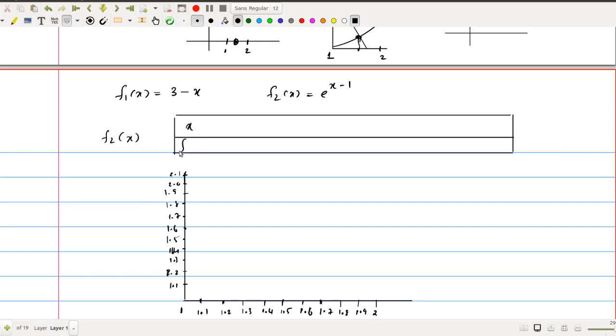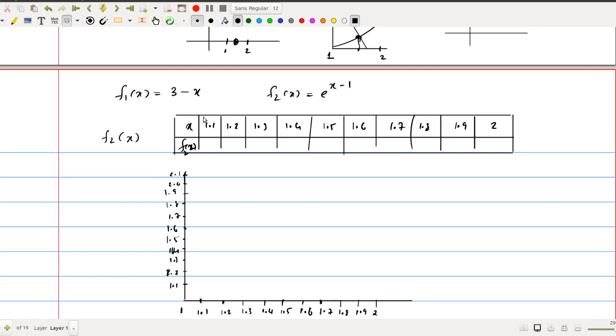This is x and this is our f2 of x. We know that there is at least one root in between these two numbers, 1 and 2. So we write out all this. Using a calculator you can evaluate all those values.